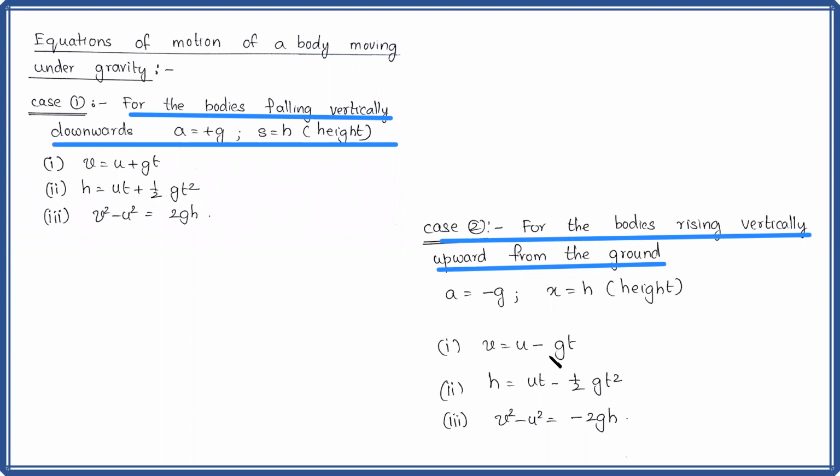The three kinematic equations we get: v is equal to u minus gt, h is equal to ut minus half gt square, v square minus u square is equal to minus 2gh.